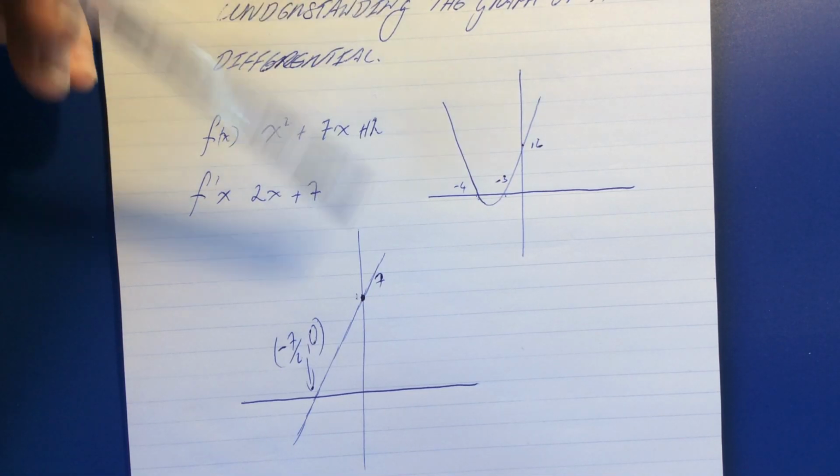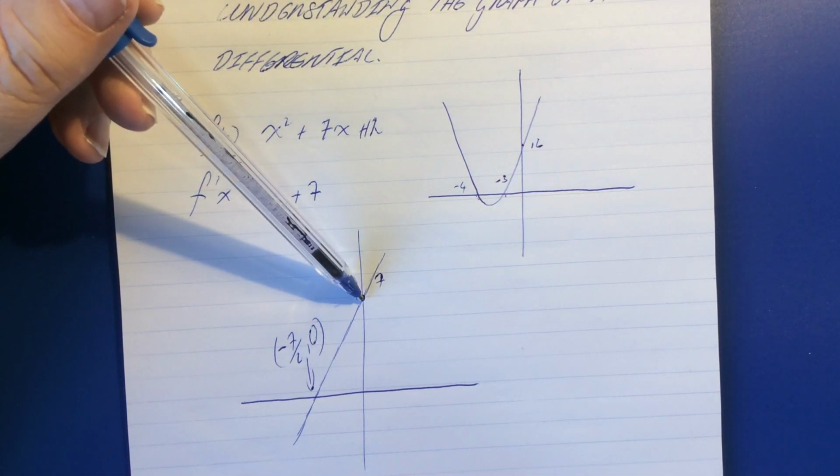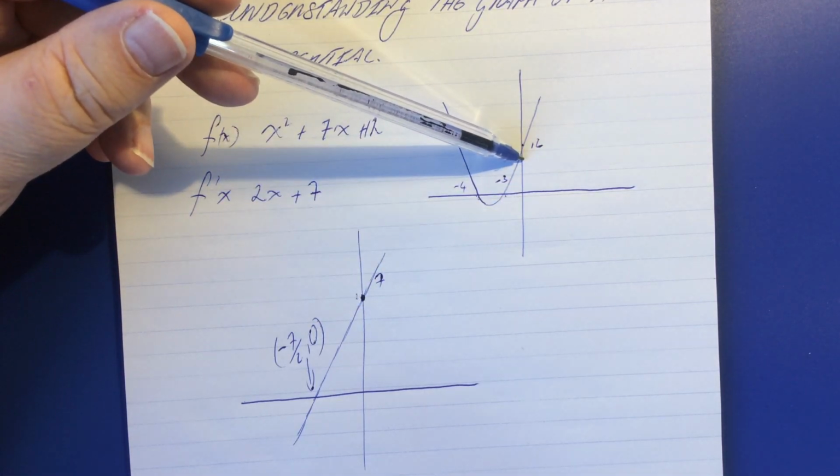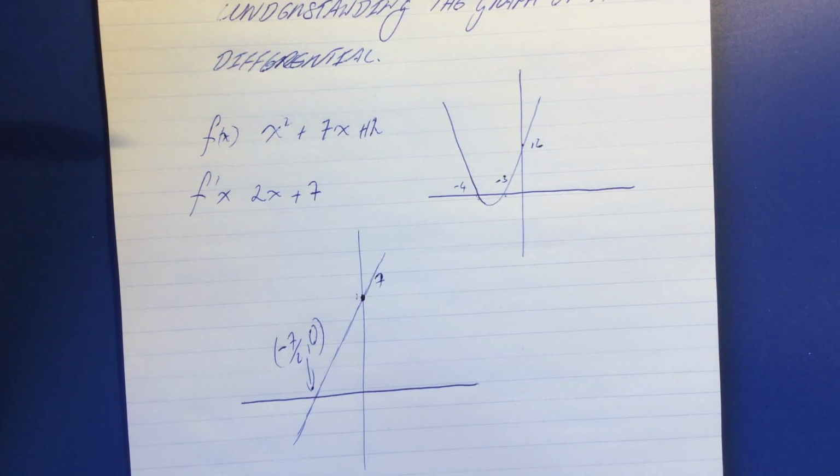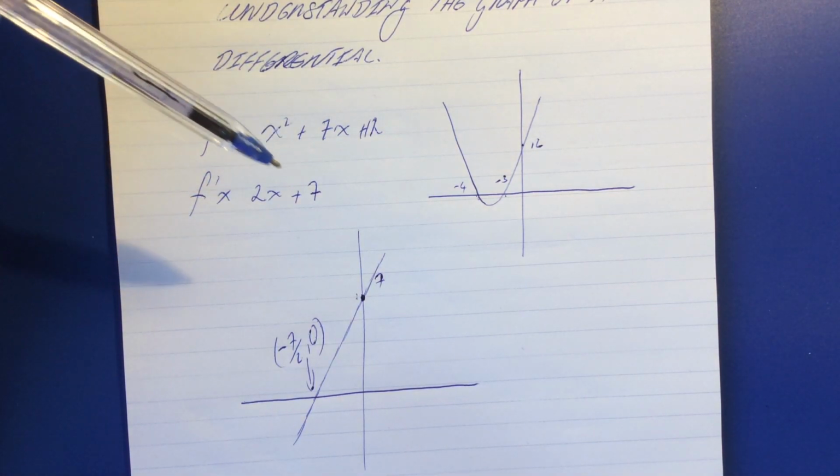A common one I see is that they transfer this y-intercept to here, and that's not how this works.